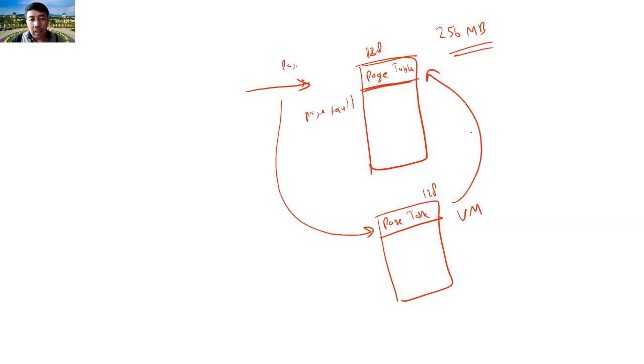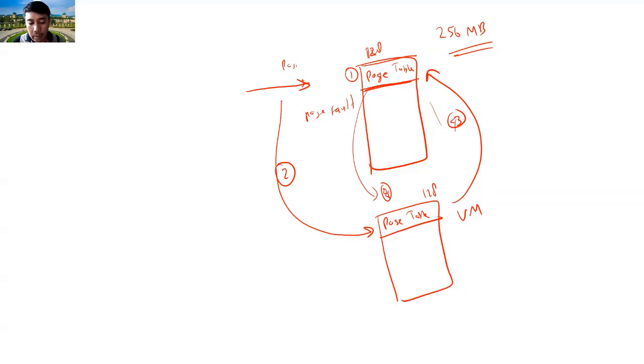So you can see it takes twice, maybe triple the time, because you need to check the page table here, then check the page table here. If it's a page fault, then you go here and you need to load and replace the page table entry. Whenever you replace, you load the new one and put the old one back here.